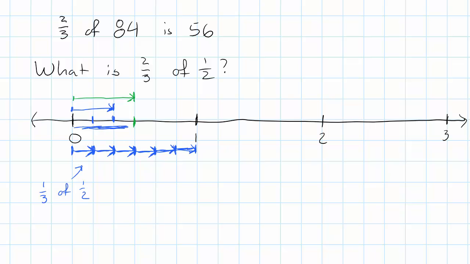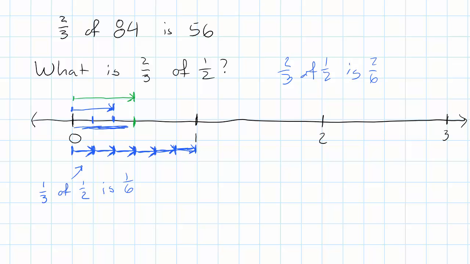It takes 6 of these little pieces to make a whole unit. 1/3 of a half is 1/6, which means 2 of them, 2/3 of a half, is 2/6.